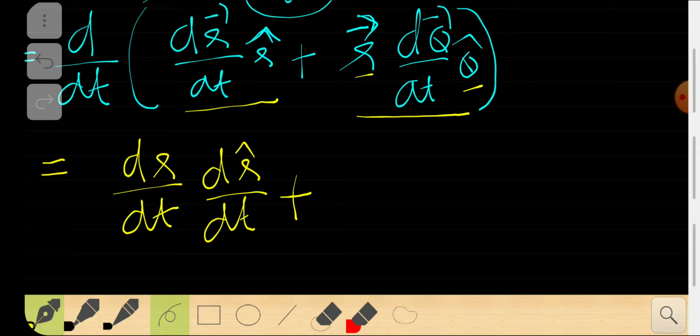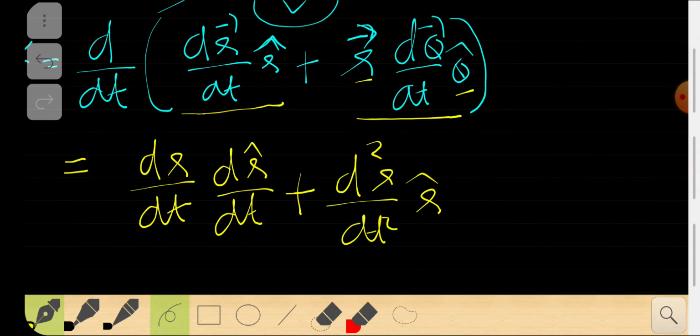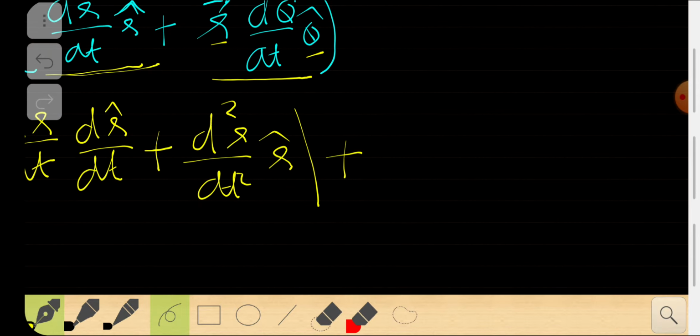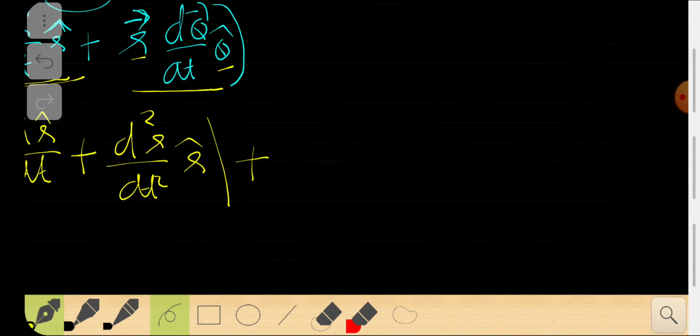So the second is again dr by dt, so it's d square r by dt square times r cap. So that's the first part completed, right? Plus the second part, we have three vectors, right? So this is going to get a little bit messy, so look closely.